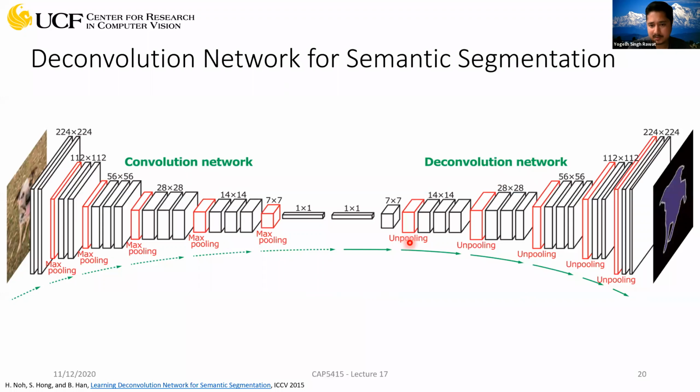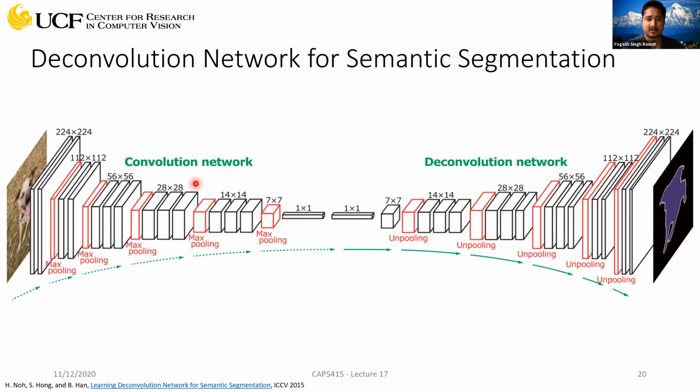And here you can see that for the upsampling, they are making use of unpooling. This is the same unpooling operation which we just discussed, where you keep track of how you perform max pooling in your encoder and replicate that transition of pixel values in these upsampling layers.